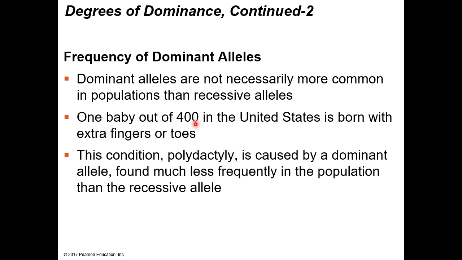One baby out of 400 in the US is born with polydactyly, and it is caused by a dominant allele. However, polydactyly, the dominant allele, is much rarer and less frequent in the population than the recessive allele. So most people have the recessive allele.